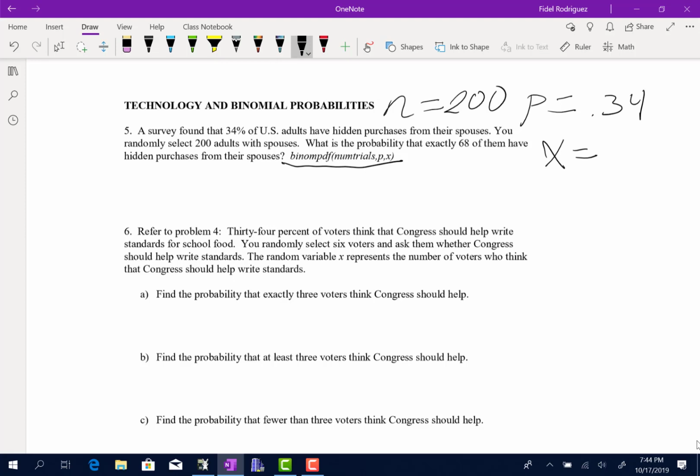There's only one other number in the problem. 68, because we're trying to figure out the probability that exactly 68 of those 200 people have a hidden purchase from their spouse. So what are we going to use again? The binomial PDF. What is my number of trials? 200. What's my probability? 0.34. What's my x number going to be?